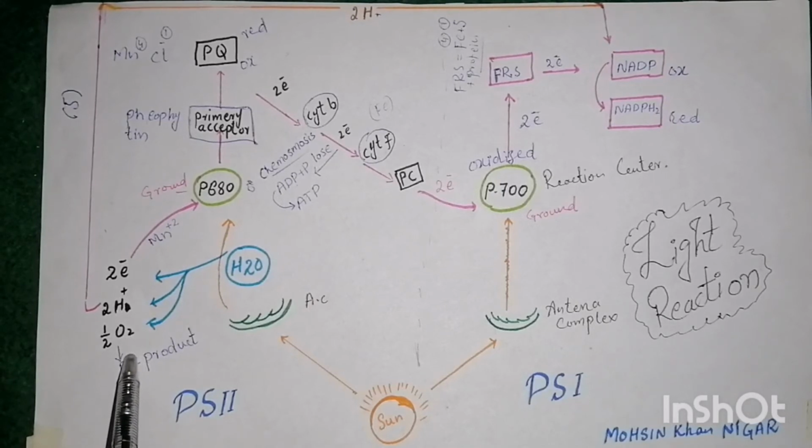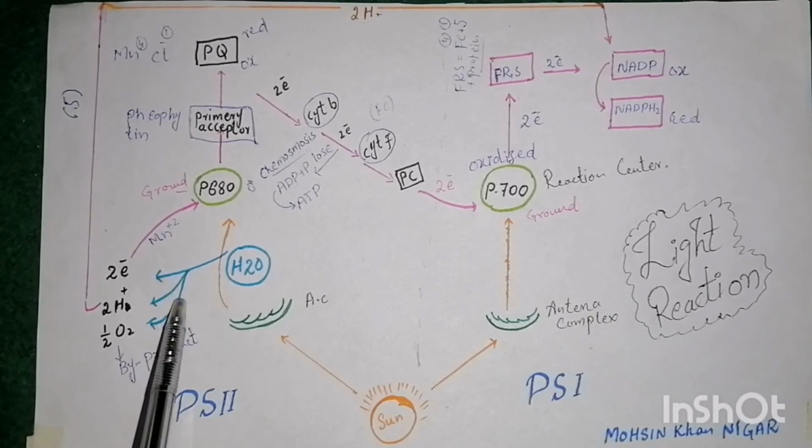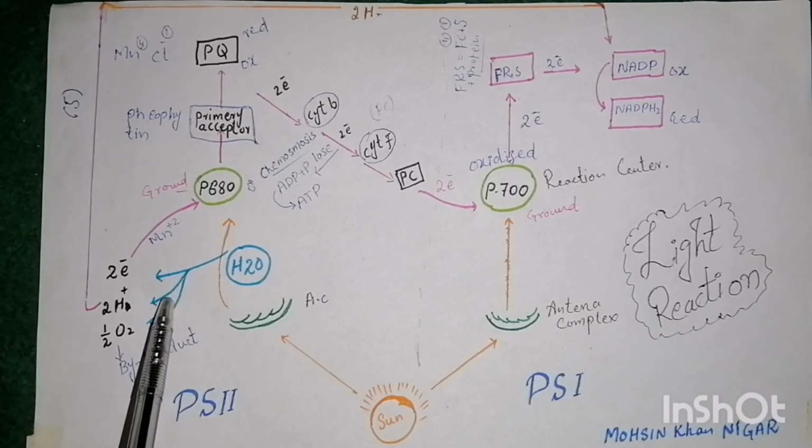The chlorophyll loses its electron and becomes oxidized.